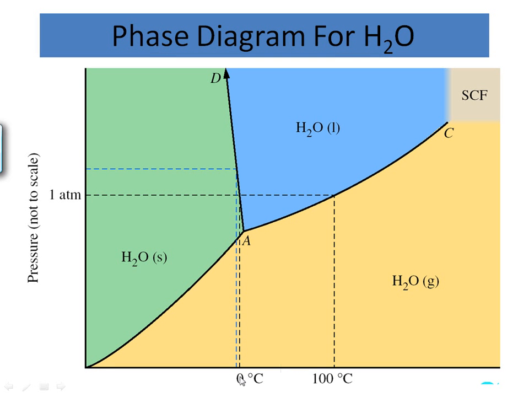So you can identify a substance by looking at its normal melting and boiling points. Another feature about water is that the liquid solid line has a negative slope. If you look at other phase diagrams, typically it'll have a positive slope.